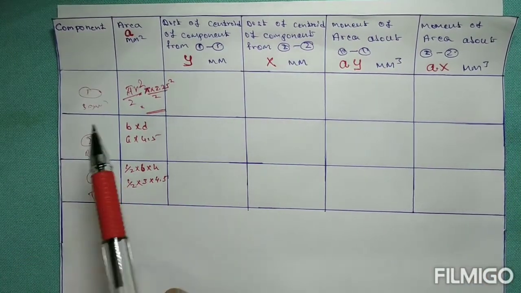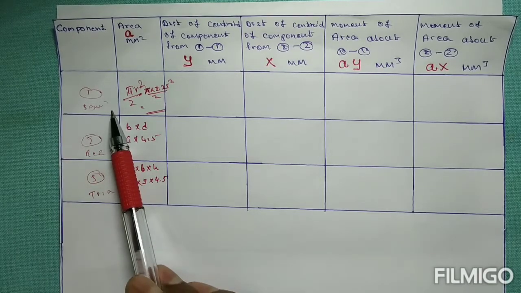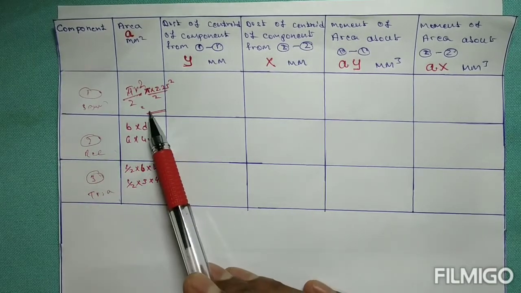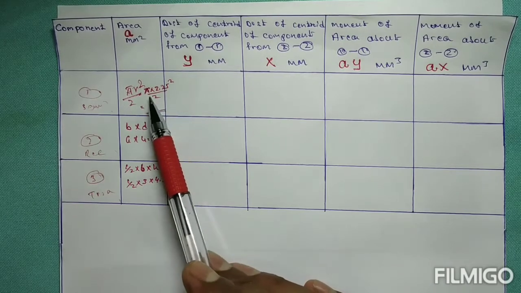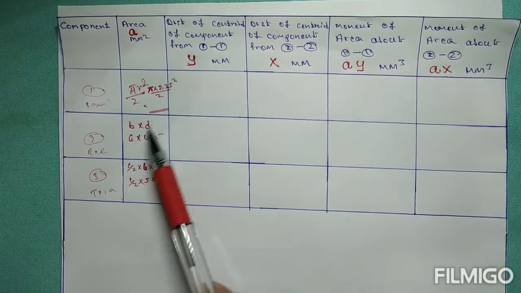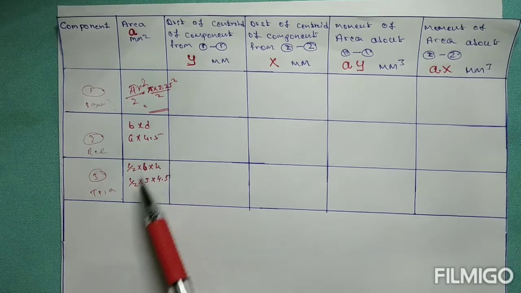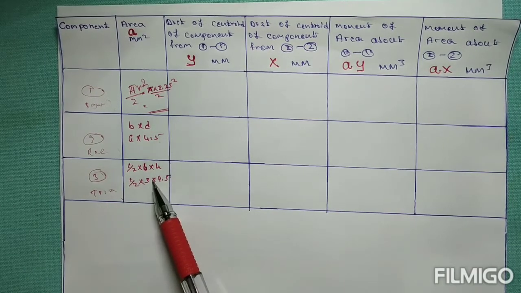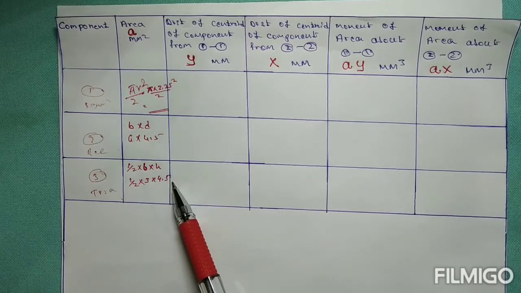The area of the semicircle is pi r square by 2, with radius 2.25. Rectangular area is breadth into depth, 6 into 4.5. Triangular area is half into base into height, half into 3 into 4.5.